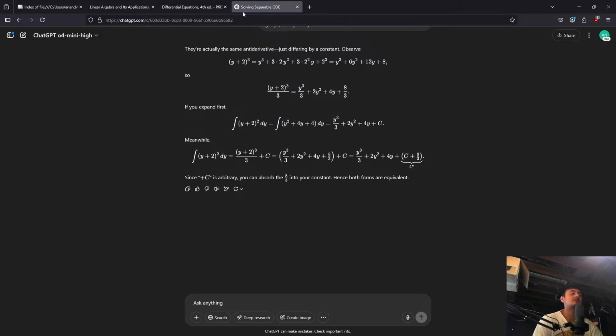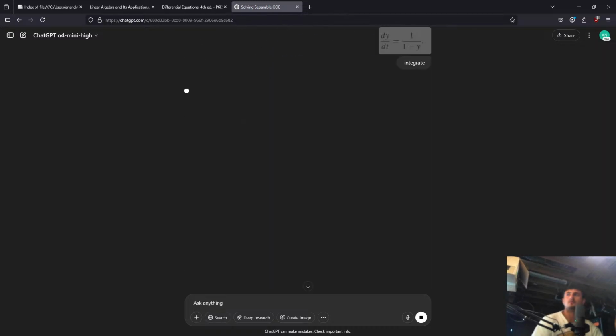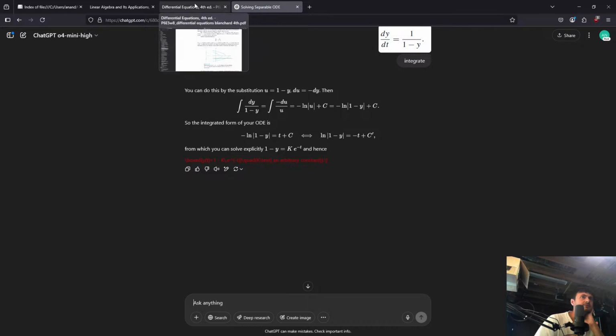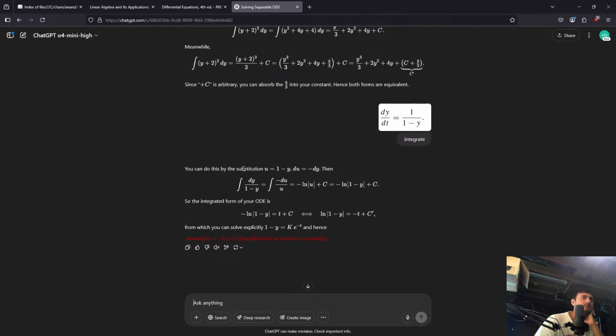I really need to go over this all. Right, so I got y is equal to 1 plus or minus the square root of minus 2t plus c. Wait, how did I do this wrong? Wait, that's not right. I think this thing just did it wrong.